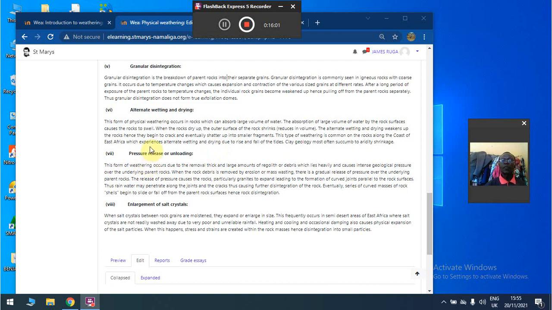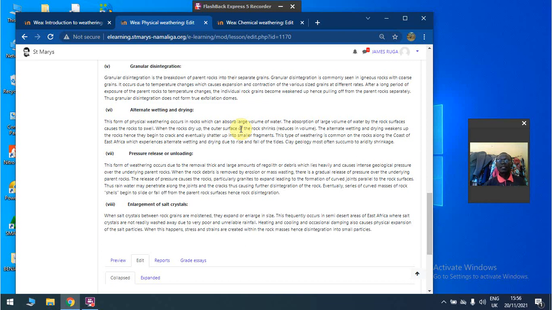Another form of physical weathering is alternate wetting and drying. Sometimes we call it aridity shrinkage. This is a form of weathering in which rocks which can absorb water are affected. When rock surfaces absorb a large volume of water, the rock surfaces expand or swell outwards.